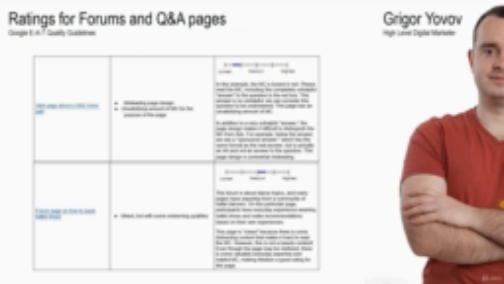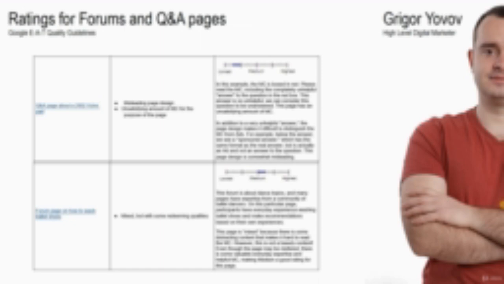On this particular page, participants have experience washing ballet shoes and make recommendations based on their own experience. This page is mixed because there is some distracting content that makes it hard to read the main content. However, this is not a beauty contest. Even though the page may be cluttered, there is some valuable everyday experience and helpful main content, making medium a good rating for this page.